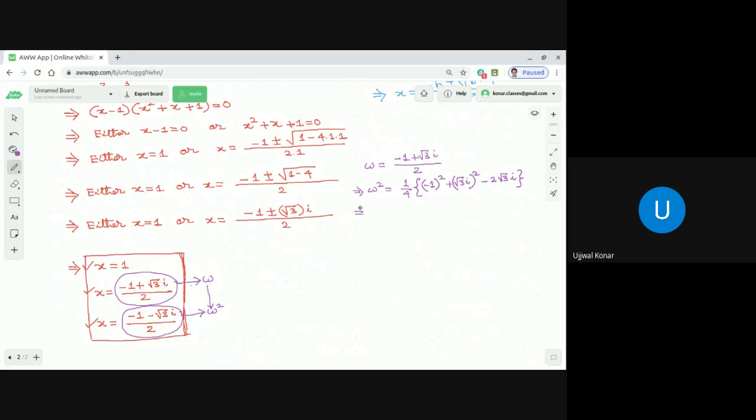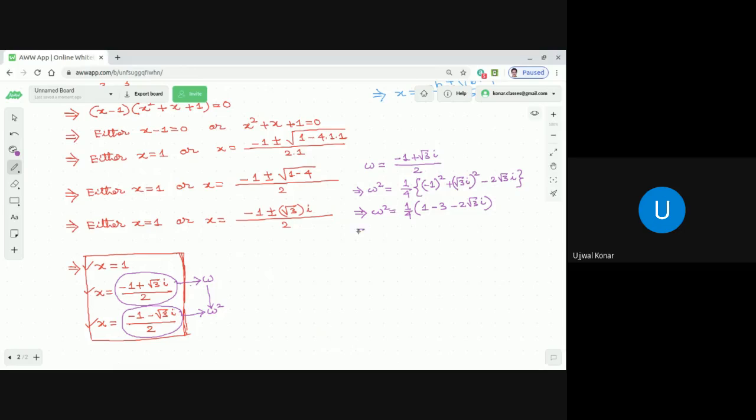Then what we are going to get, dear students? Omega square is equal to 1 by 4. And inside the bracket, what we are getting? Minus 1 whole square is 1. Root 3 i whole square is equal to minus 3. Minus 3 and minus 2 into root 3 into i.